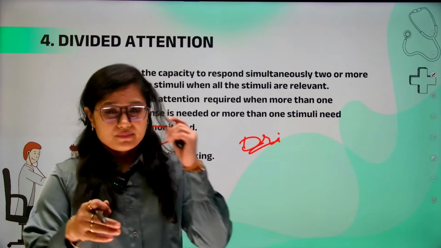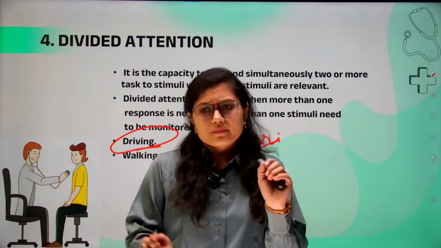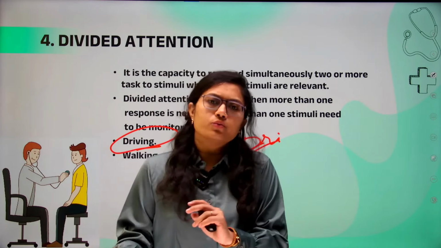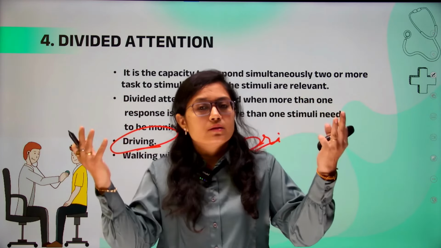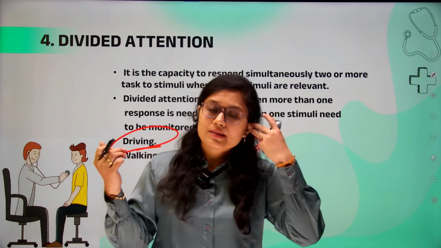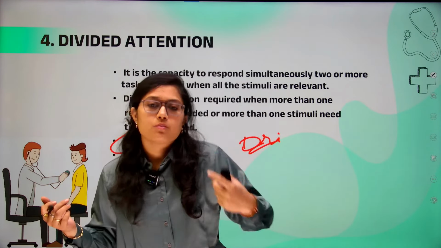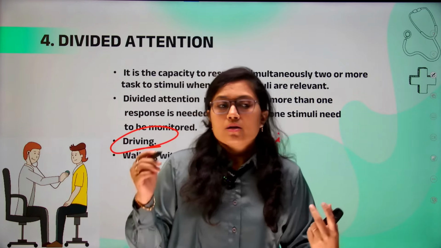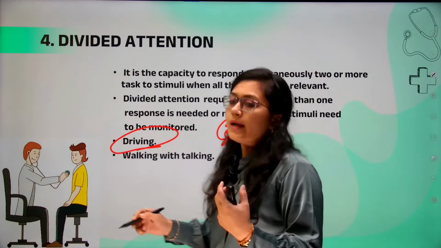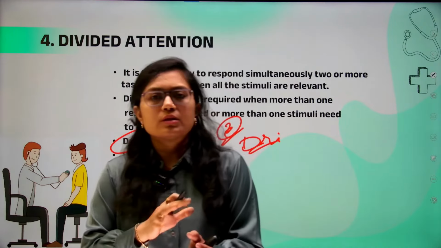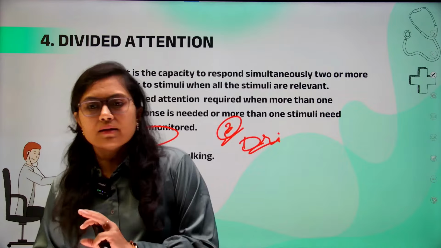While we are driving, our hands are working. Whether we are driving a two-wheeler or four-wheeler, we are seeing the road. We are also hearing the music. So our auditory system, our visual system, our motor system is also working. So more than one or two systems are working, and still we are able to manage the task, that is considered as divided attention.